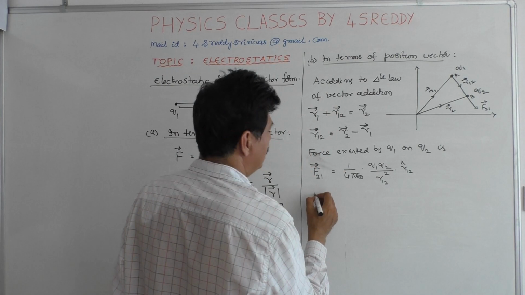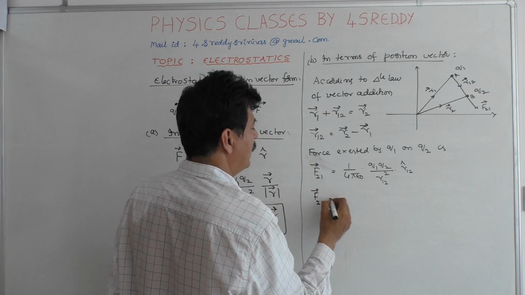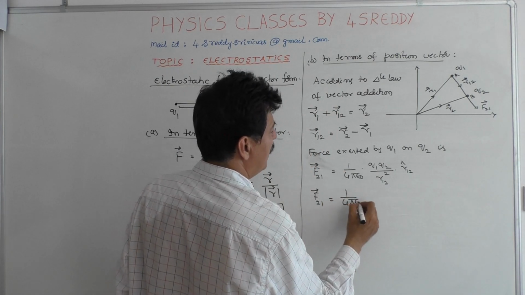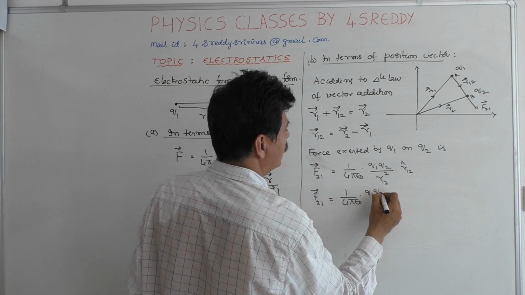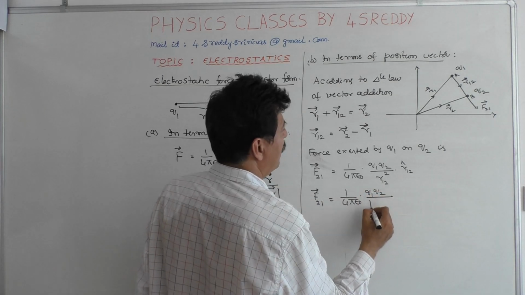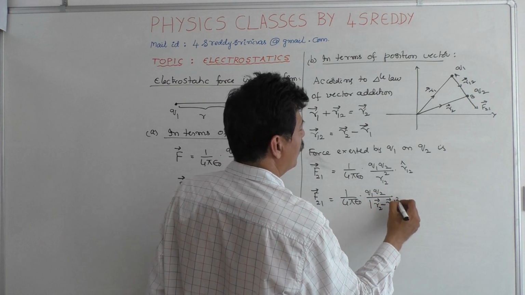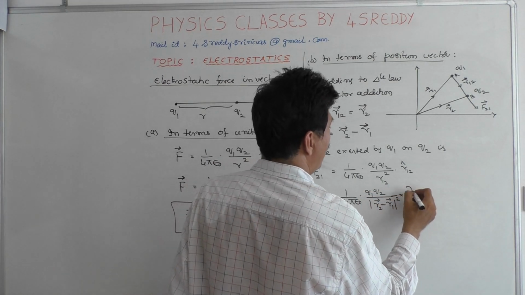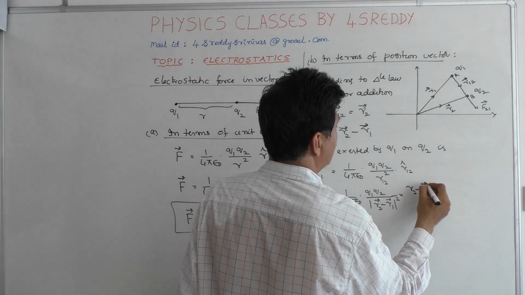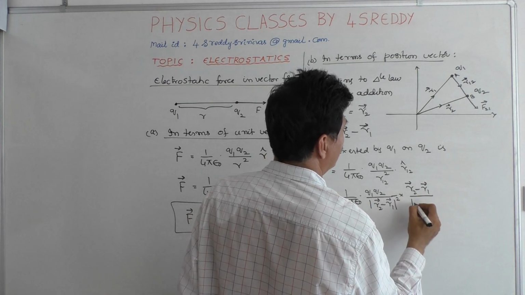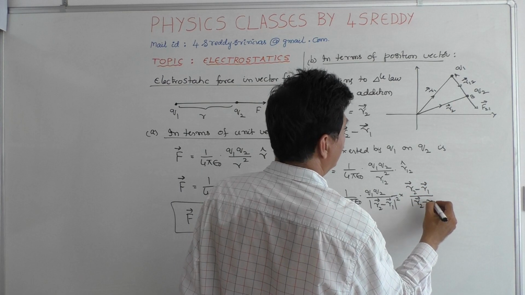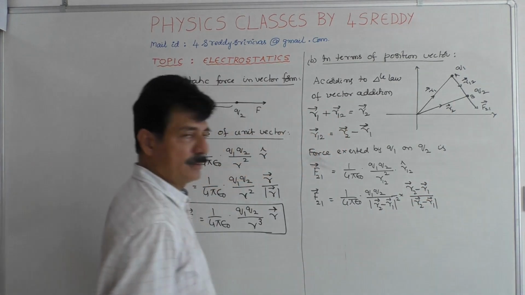This you can write as F21 bar equals 1 by 4 pi epsilon naught Q1 Q2 by modulus of R2 bar minus R1 bar whole square into R2 bar minus R1 bar by modulus of R2 bar minus R1 bar.